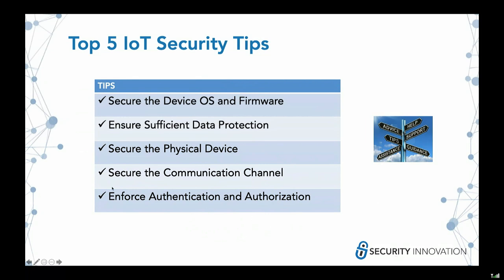And then the last one, which to me is a very important one, is around authentication, authorization. Earlier, I talked about the Mirai botnet attack and what happened to the company Dyn with the distributed denial of service, where half of the DNS services from the internet went down for a couple of days.